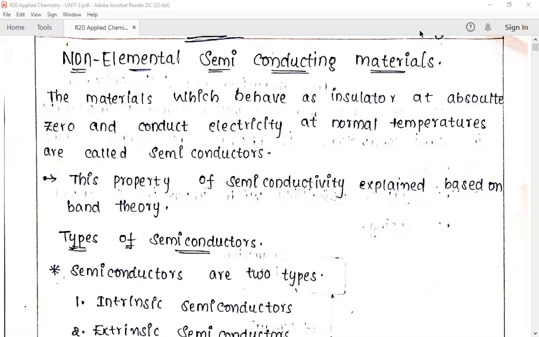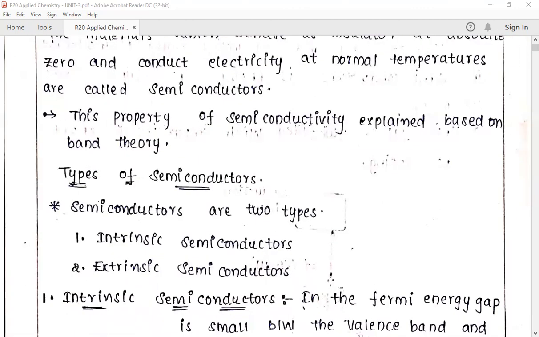And these semiconductors are of two types. They are intrinsic semiconductors and extrinsic semiconductors. This classification is mainly to explain the property of the semiconductor, which depends on the band theory. I told you that I'll explain this later.